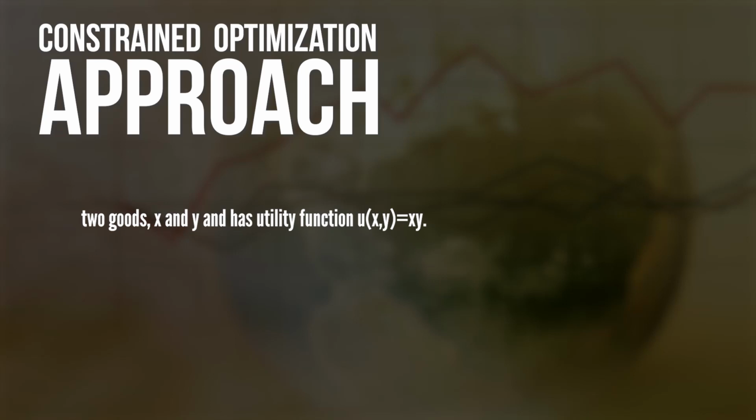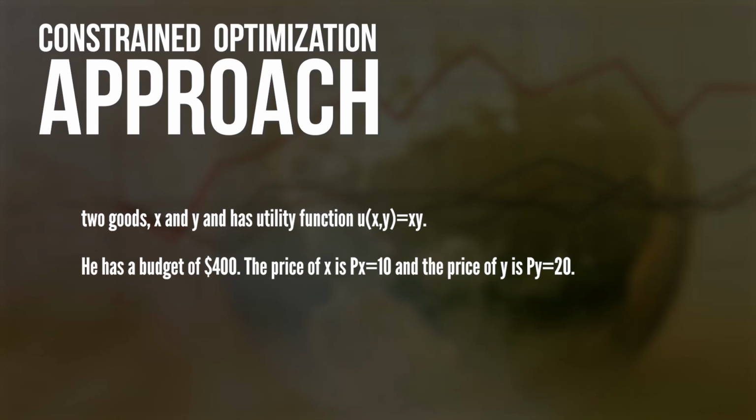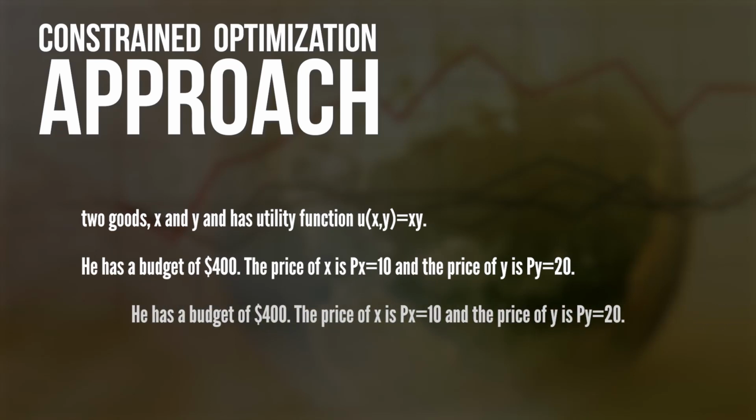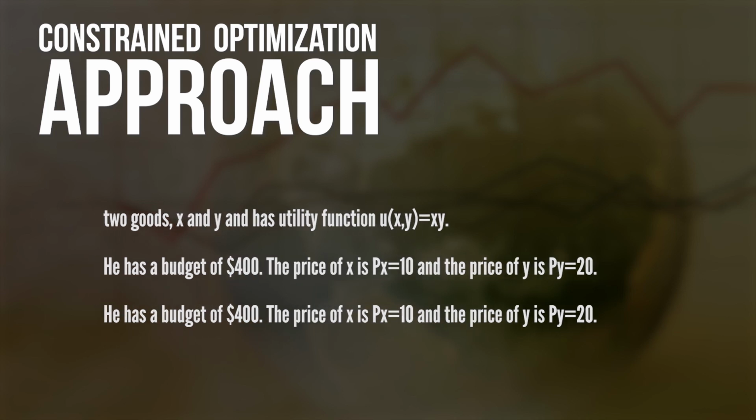So what is being done? xy is considered to be the commodity bundle that is purchased. The budget is given as $400, and the prices of the items are given as Px 10 and Py 20, and we are asked to find out the optimum consumption bundle, and that is how the Lagrange method comes in.